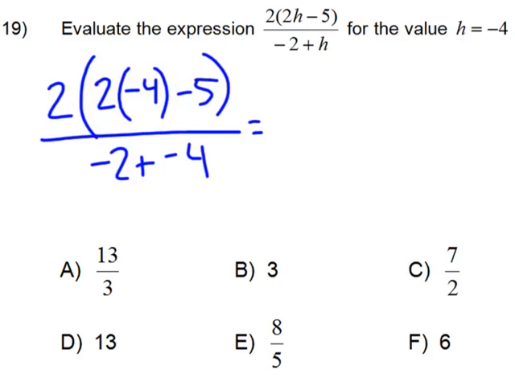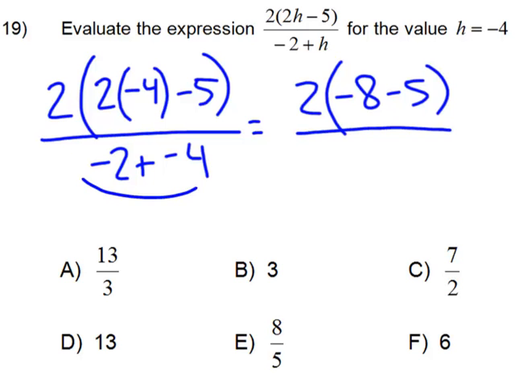So that 2 times negative 4 on the inside will be negative 8 minus 5, and then there's a 2 on the outside. Let's add up the denominator, negative 2 plus negative 4, just to avoid the goofy errors. That will give us negative 6.